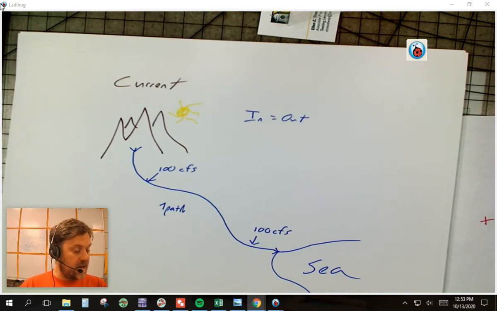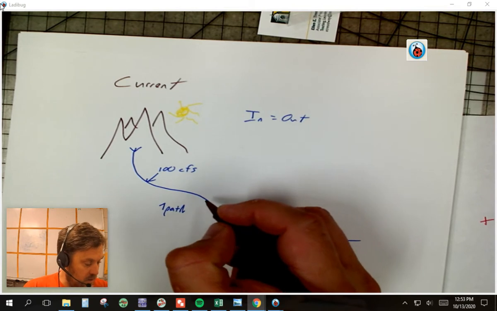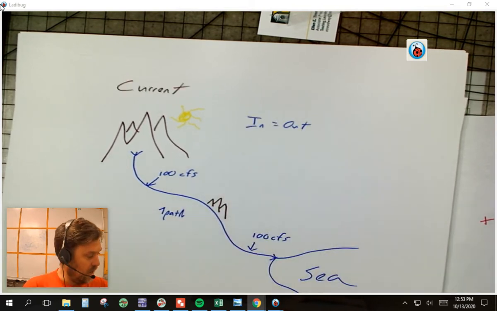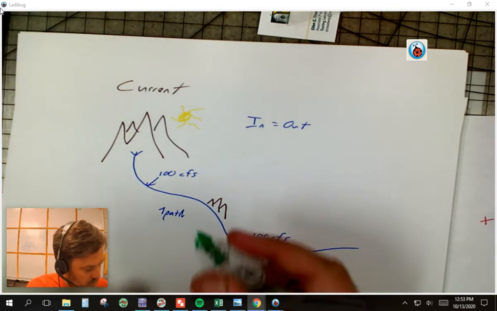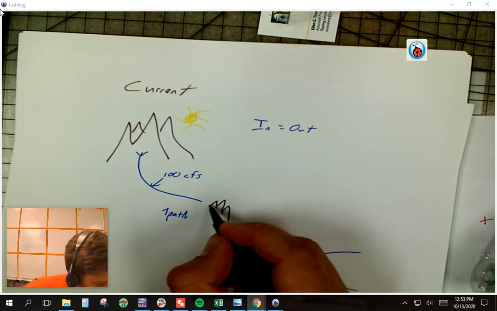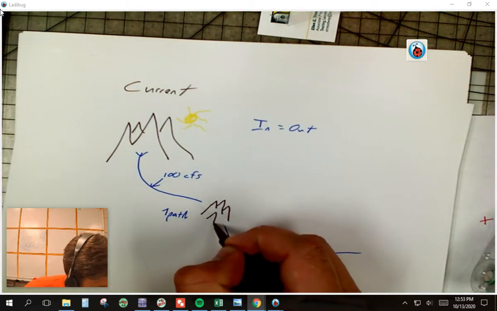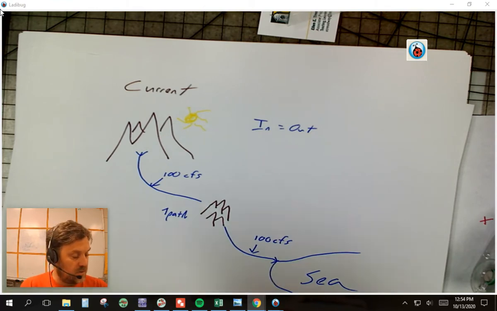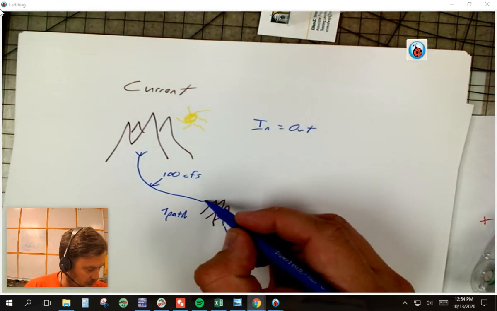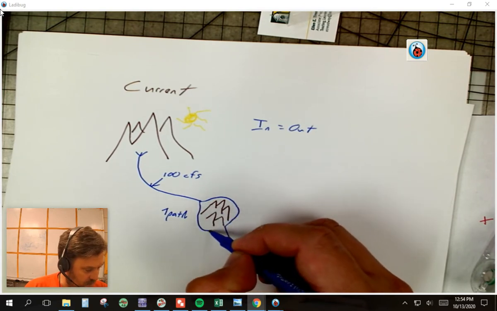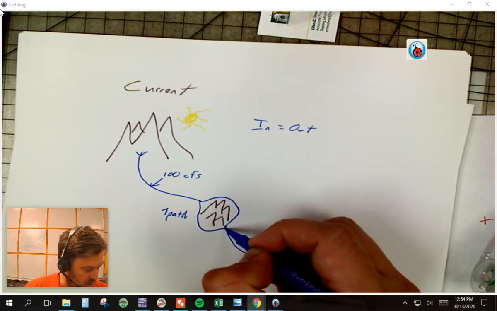So now let's say that I put a mountain range right here and I blocked the flow of my river. Okay. And so what has to happen now is part of the river is going to go behind the mountain and part of it is going to come back in front of the mountain and it's going to rejoin down here.